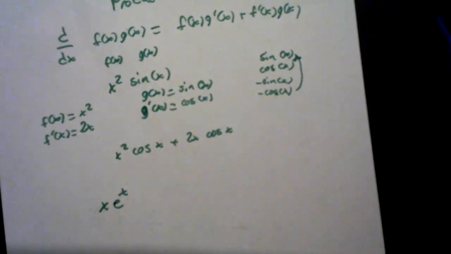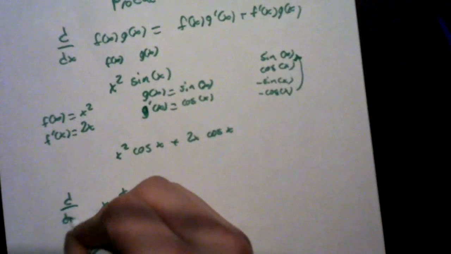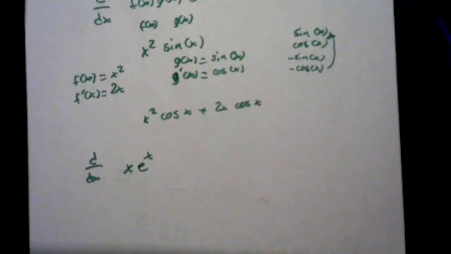That's a famous one that they like to do a lot because it uses the power rule. So we'll try to find the derivative of x times e to the x.